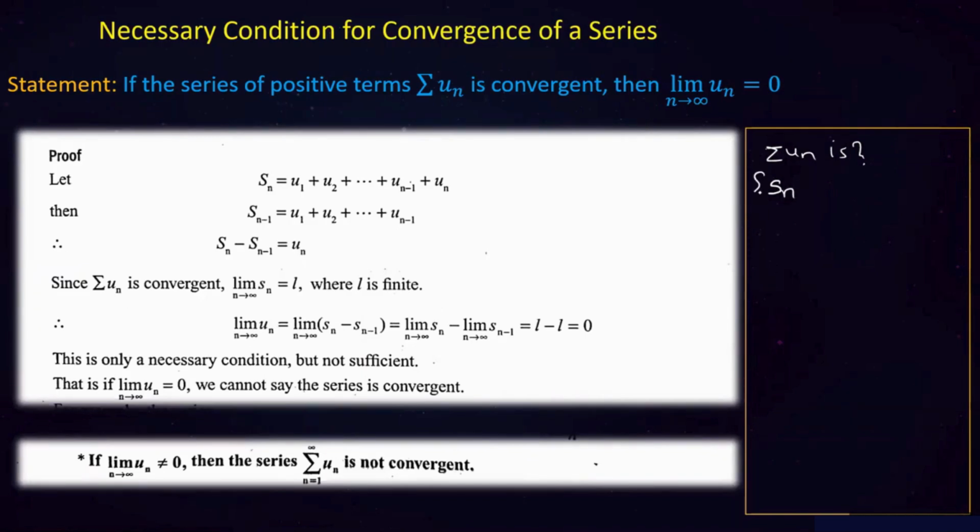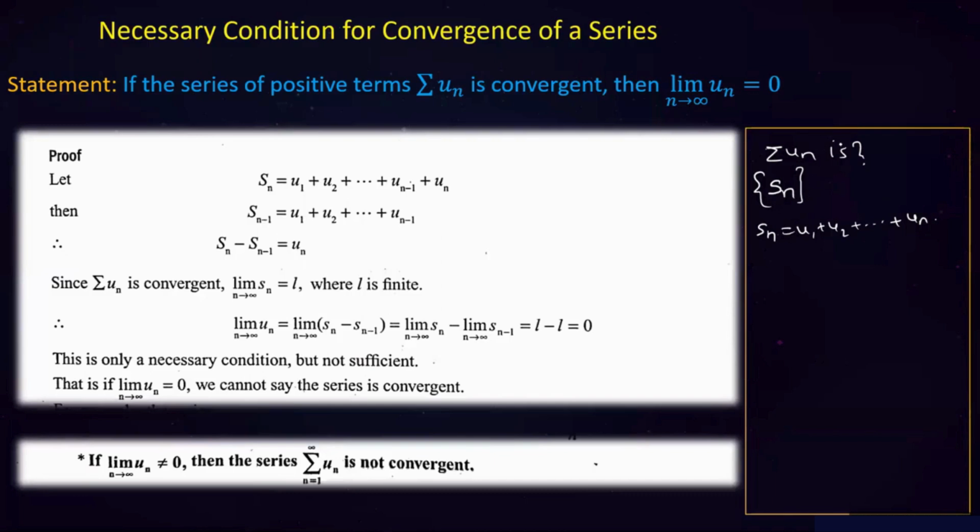Sn is, if you just add the first n terms of the series, u1 plus u2 plus and so on up to un, right? So this is the sum of the first n terms from the series. So we are taking this as Sn.